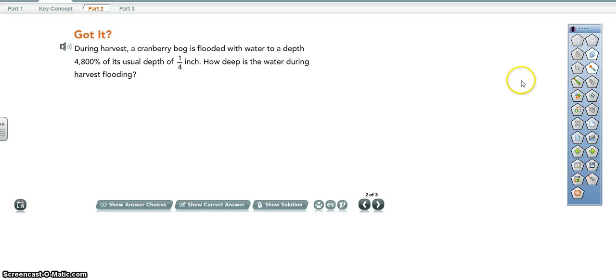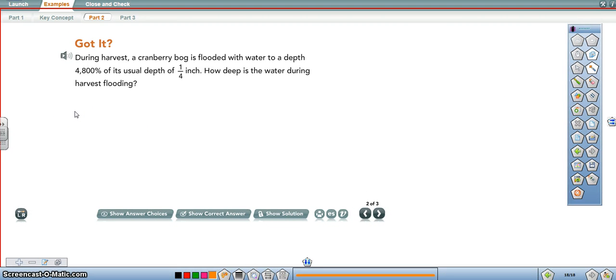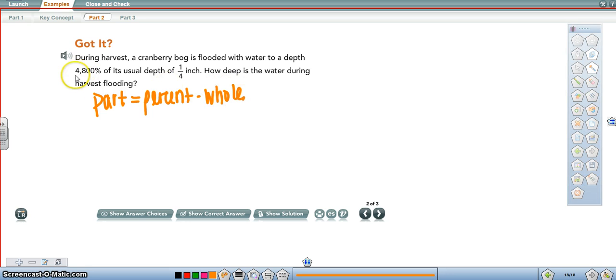Okay, I'm going to write down the percent equation. Part equals percent times whole. I definitely know my percent. I want to write it either in fraction form or in decimal form, but I'm just going to stick to using decimals like we have been.